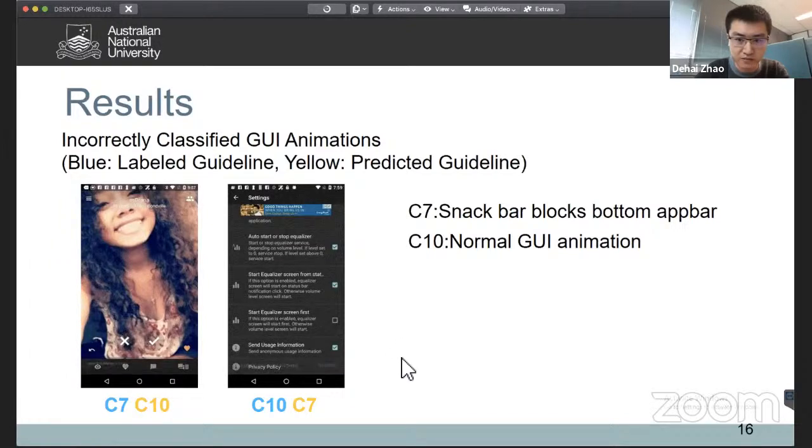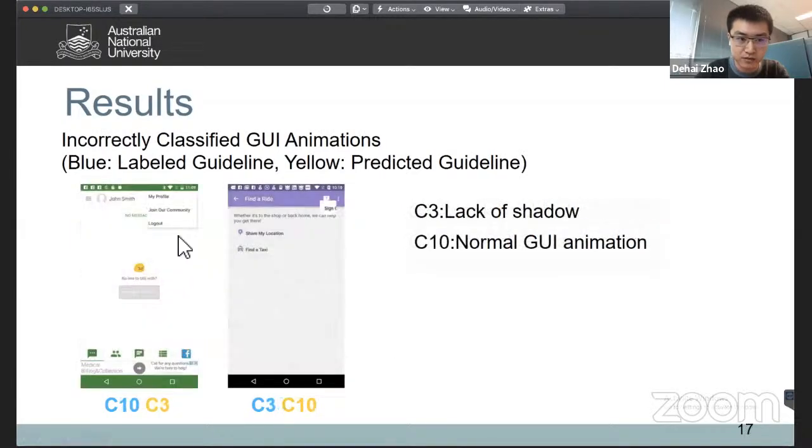So it's taken as a normal GUI animation, but it's actually the snack bar blocks bottom bar. Another example is pop-up window. We can see this one has shadow, but this one doesn't have shadow. So actually this one is normal, but this one is the violating one, but it looks very similar.